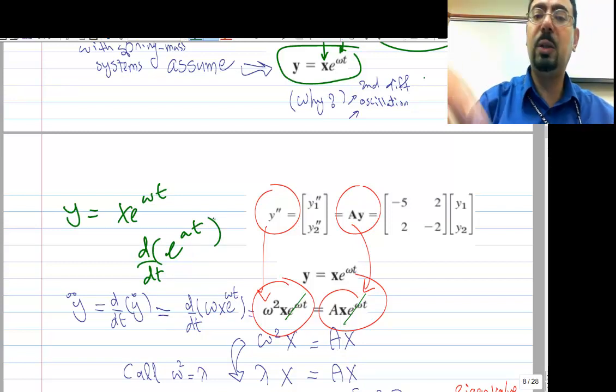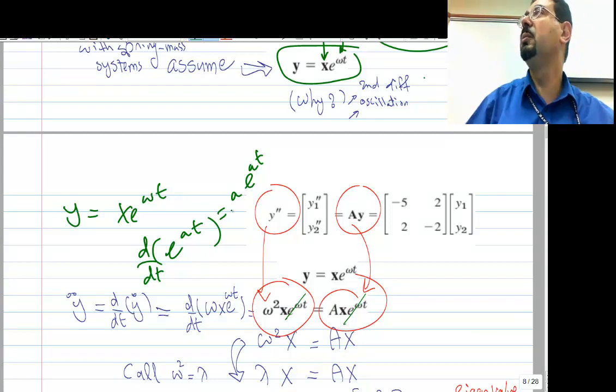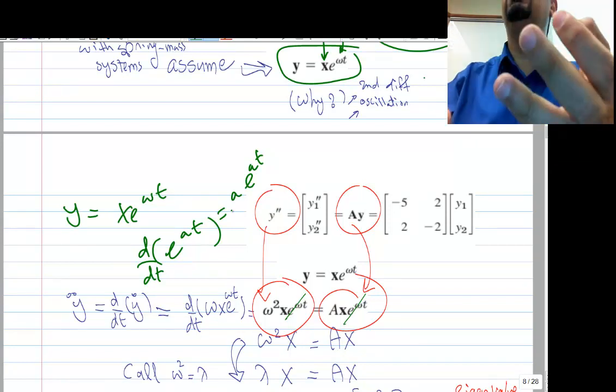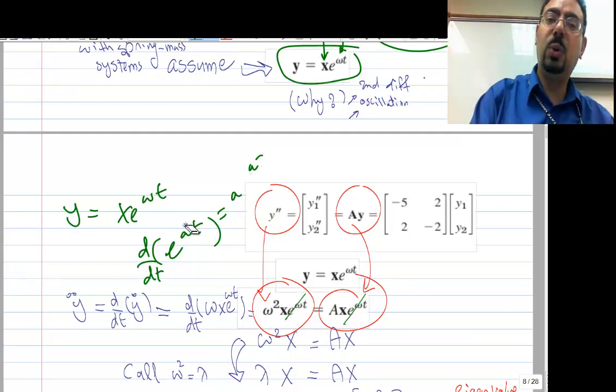It's e to the power at multiplied by a, right? When you differentiate an exponential, you just get the constant multiplied by the exponential. That's why it's perfect for this solution, because when we differentiate again, we just get a squared multiplied by the same exponential, the same function. That works, huh?